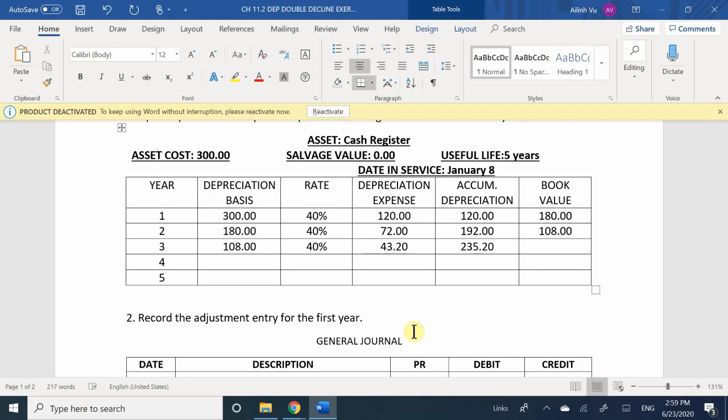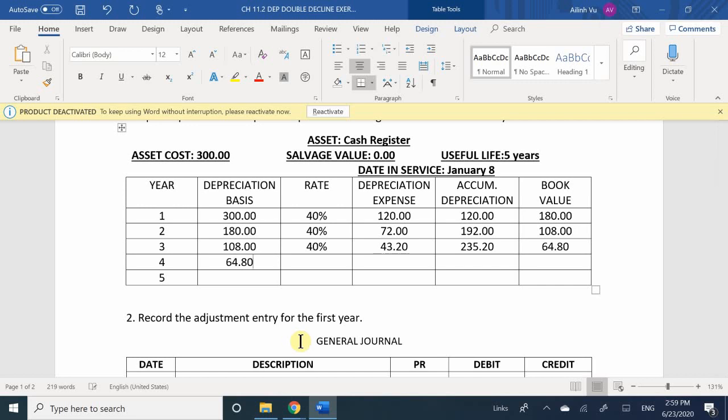The next one. You take the accumulated depreciation minus the original cost of 300, you got 64.80. 64.80 is correct.